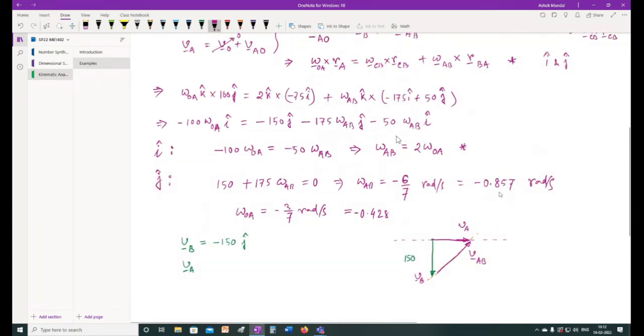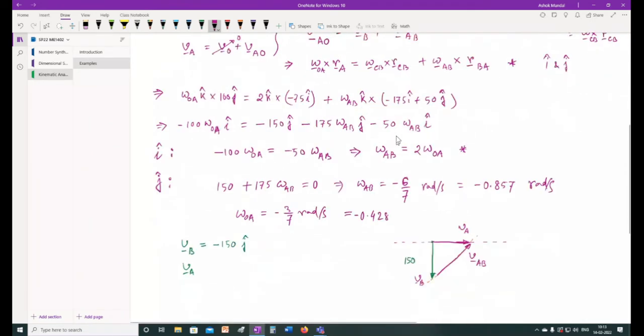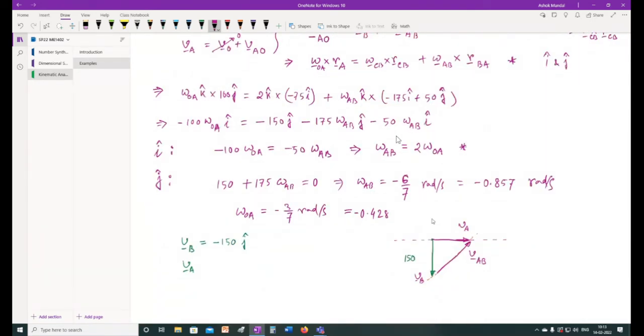Let us go back. Yes, sir. This is your graphical method. Let us go back to this equation. What we did here, you see, this is the vector VA. You have this vector VB, and this vector VAB.